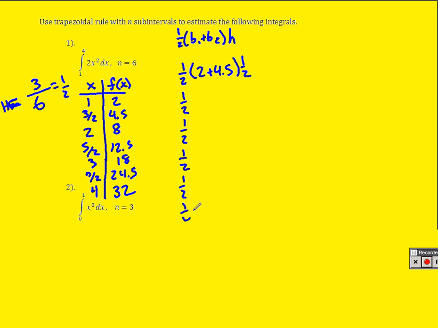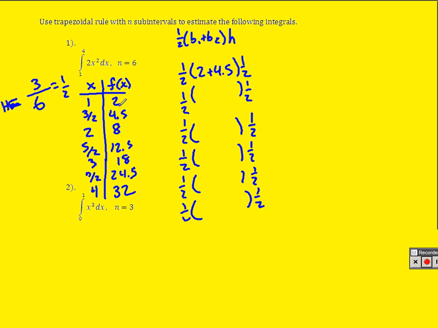1/2, 1/2, 1/2, and then at the end I should have 1/2 for each one as well. My numbers in the middle are the only thing that changes.